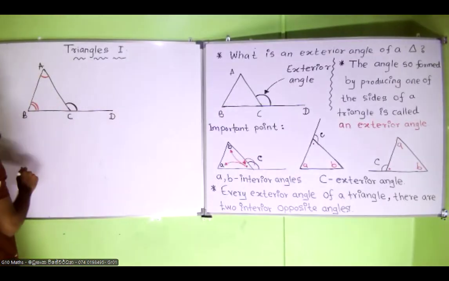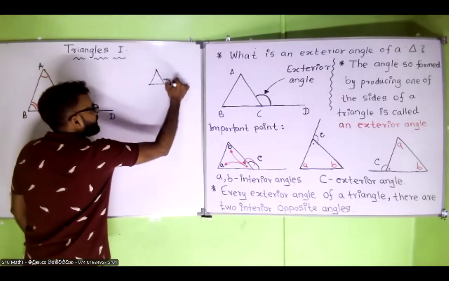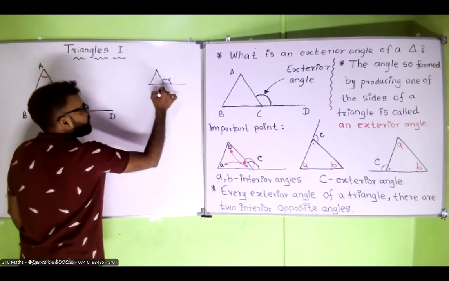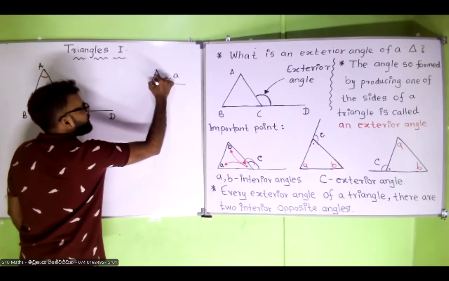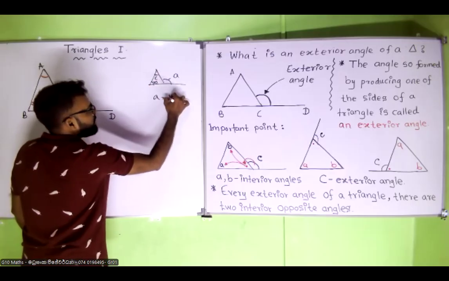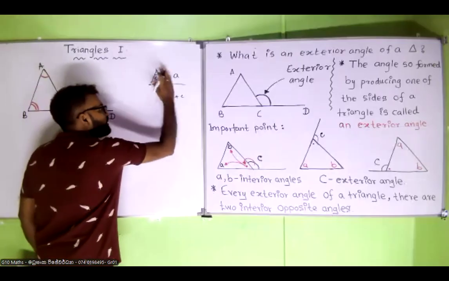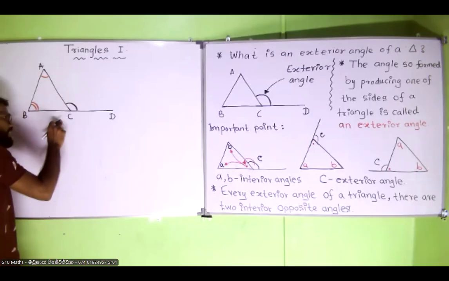From your grade 9, you know if this is an exterior angle, and if I say this is A and these are B and C, interior angles, A equals B plus C. So we are going to write that here. The exterior angle is ACD.